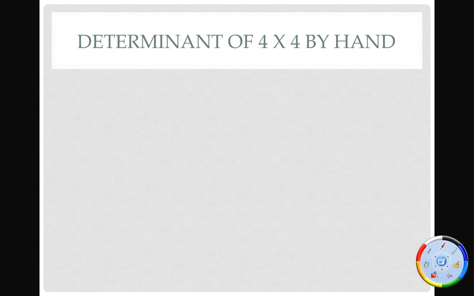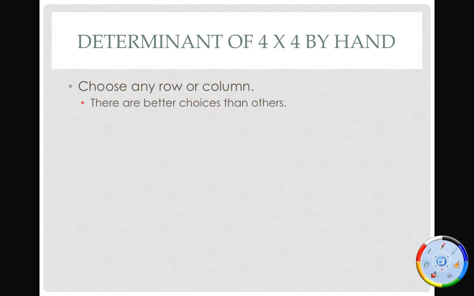The largest thing that I think I'm going to have you do by hand is to find the determinant of a 4x4 matrix. But it follows the same process as finding the determinant of a 3x3 matrix. You can choose any row or column. There are better choices than others.